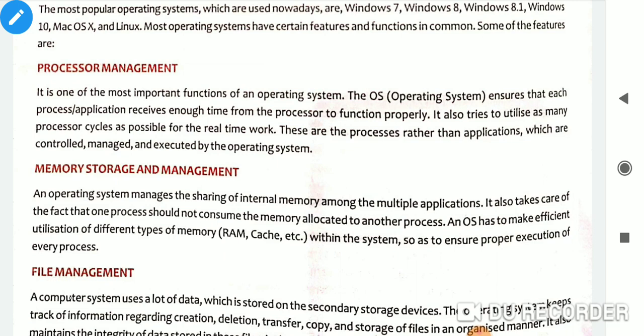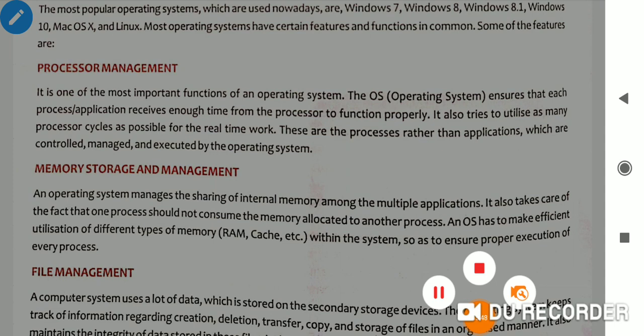It is the task of the operating system to ensure that all the different functions are being performed one by one in a proper order.